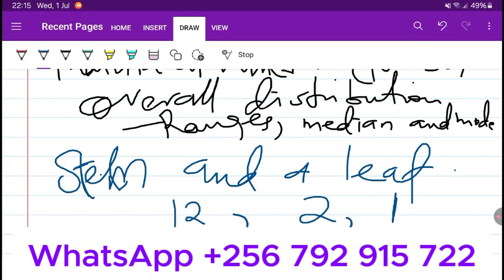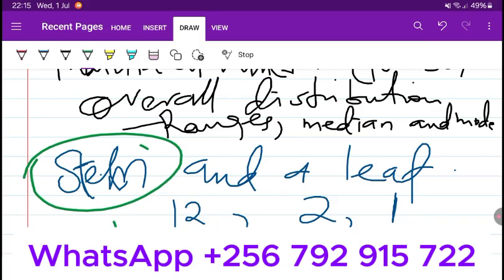Now, in general terms, a stem can be more than one digit. It can be 2, it can be 3, depending on the data set that you have.